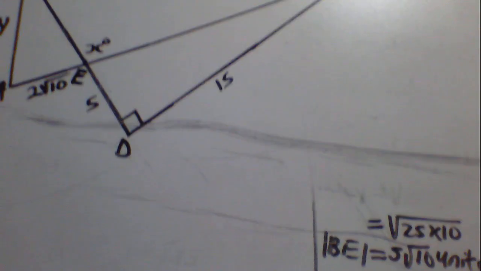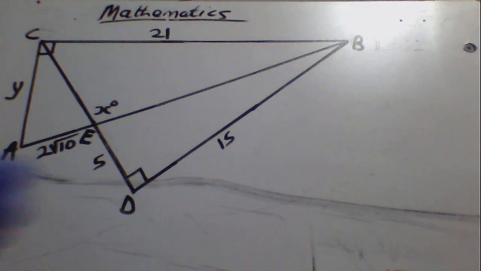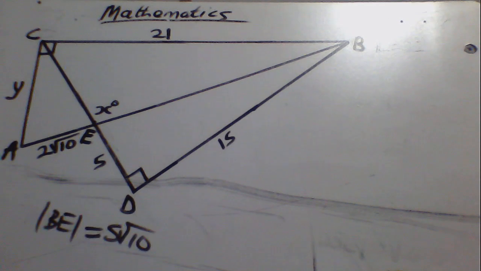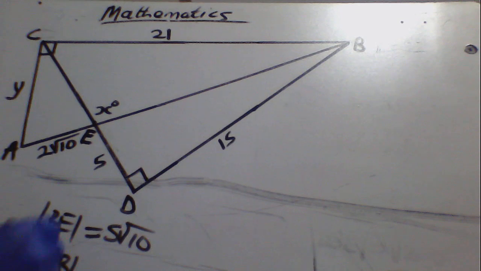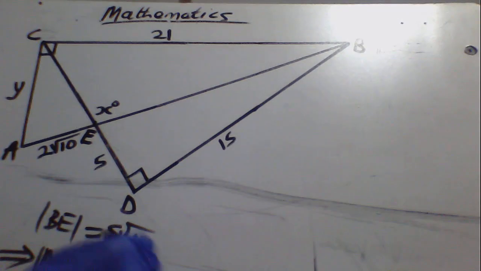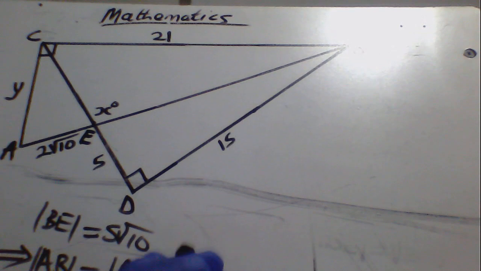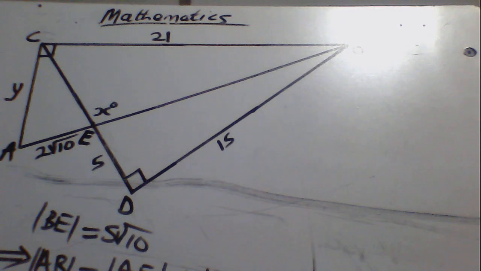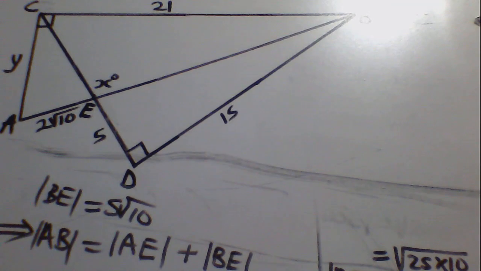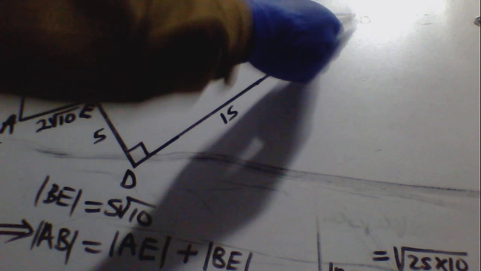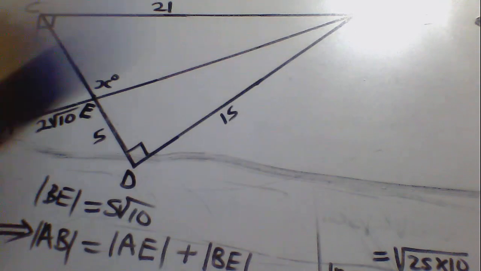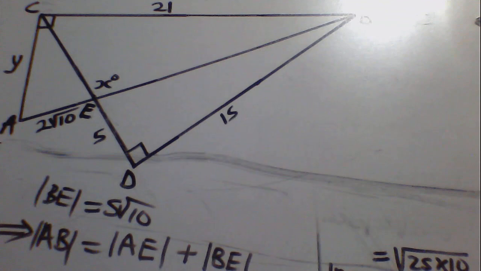BE is equal to 5 root 10, which implies that AB, this is the length, is equal to AE plus BE, all of the side here plus the second one on the right.